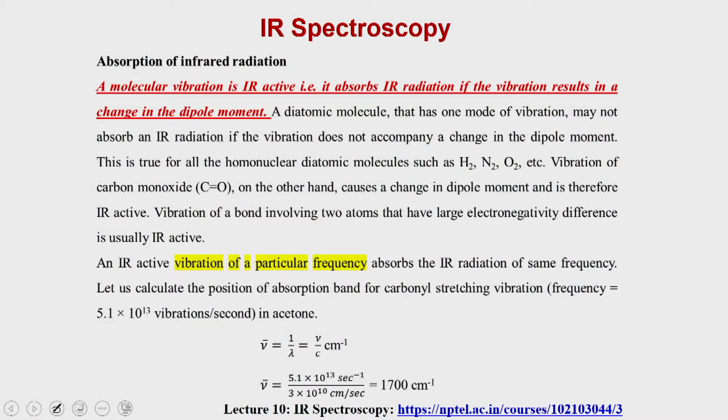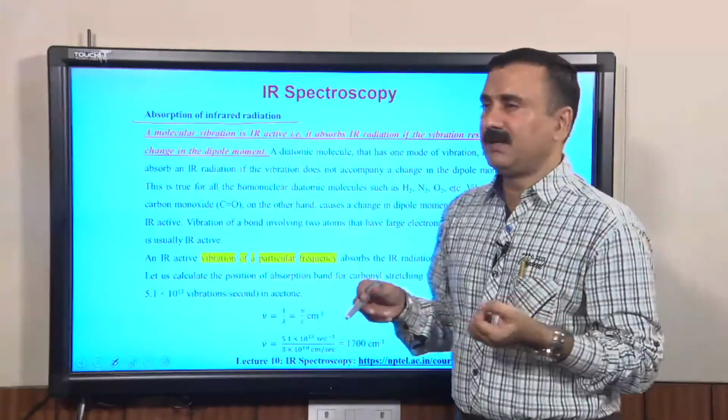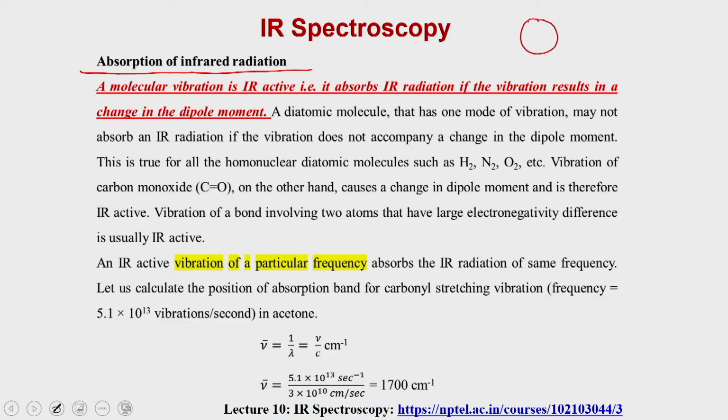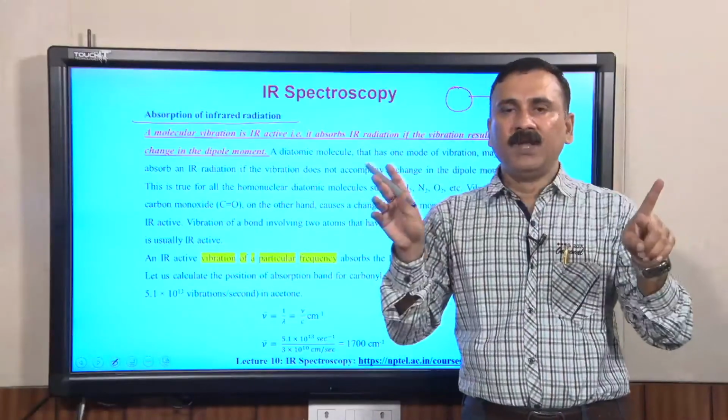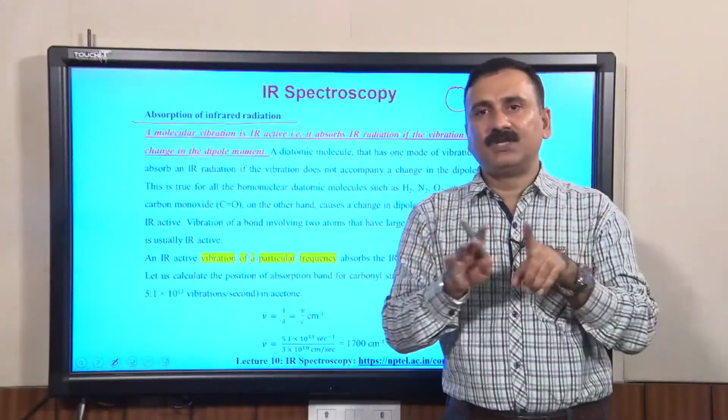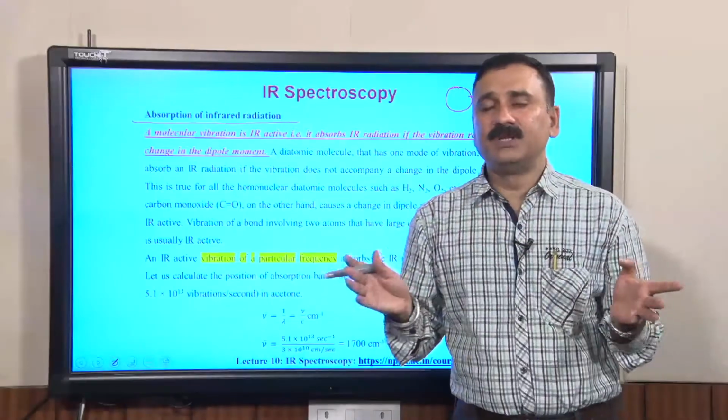So which molecules are going to show the absorption of IR radiation? What is the prerequisite? The prerequisite is that you have to have a molecule where two atoms are bound by a bond.